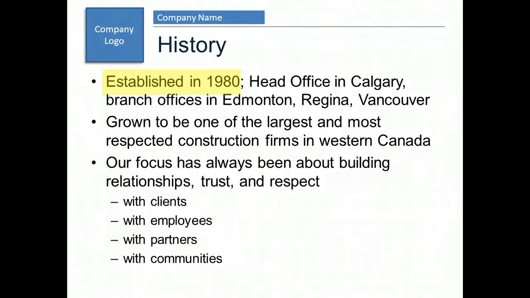They explained to us that, great, they were established back in the early 80s, and right after that, a really big recession hit, and yet they were still able to grow and prosper even through the really hard times. And when I asked them why, what really did they attribute to that growth, they said that it was their key belief that what they have throughout their entire organization is their relationships are all based on trust and respect. They have trust and respect all the time with their clients, with their employees.